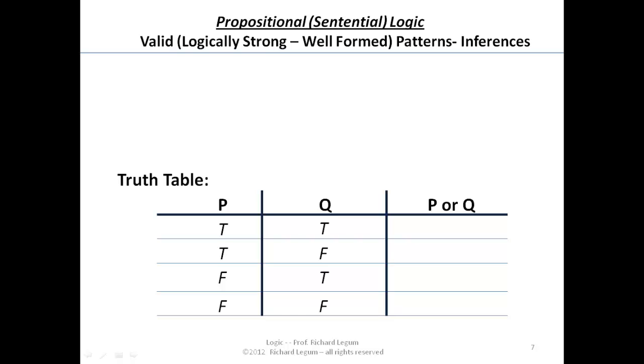Our first column is going to express what could be the truth values of the proposition P. The second column, what could be the truth values of Q, and the third column typically is the truth value of the new proposition made by putting together the two propositions with our logical connective.